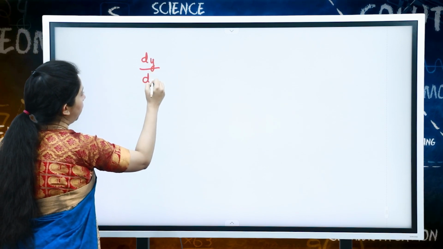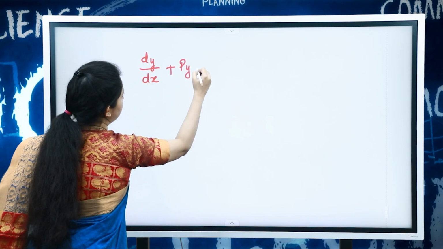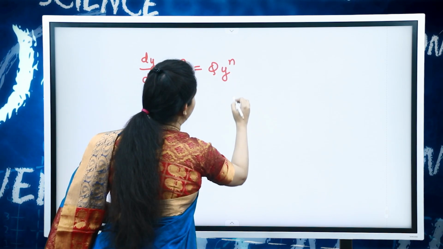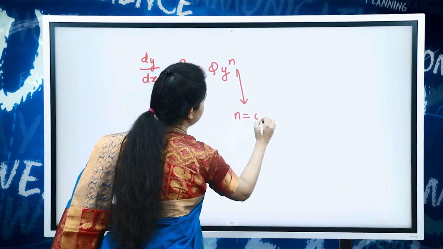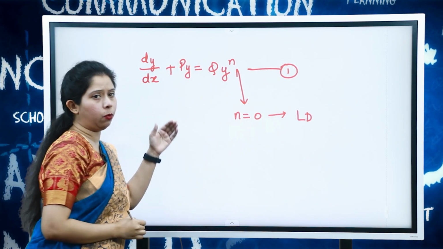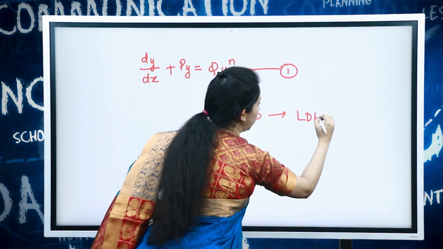The Bernoulli differential equation is given by dy/dx + py = q y^n. Here we have three cases for n. When n is 0, the differential equation number 1, we can mark this as equation 1, becomes a linear differential equation.